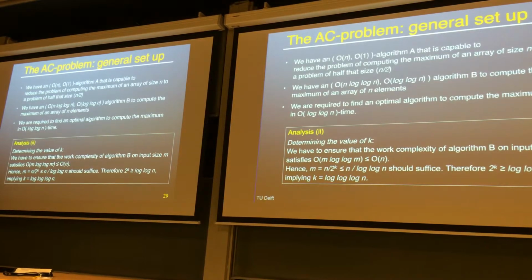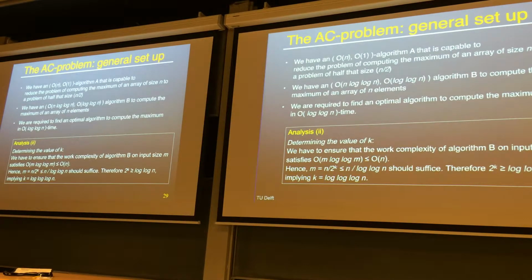M times log m should be smaller or equal to n. That means, well, m is n divided by 2 to the power k. If we ensure that m is less than or equal to n divided by log n, then we are satisfying this requirement. If this equals n divided by log n, then log m is surely less than log n, so n divided by log n times log n will be less than or equal to O(n).